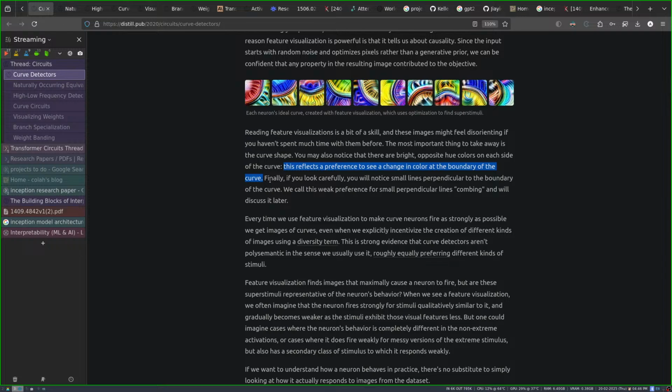Finally, if you look carefully, you'll notice small lines perpendicular to the boundary of the curve. You can call this a weak preference for small perpendicular lines, and we'll discuss it later.